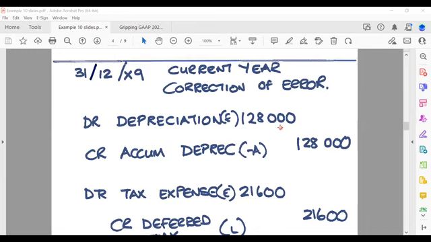So I'd like you to tell me, for current tax purposes, how is this going to impact my profit before tax?